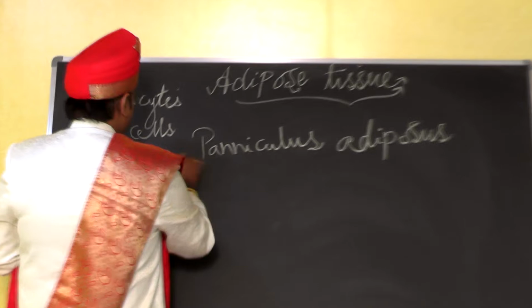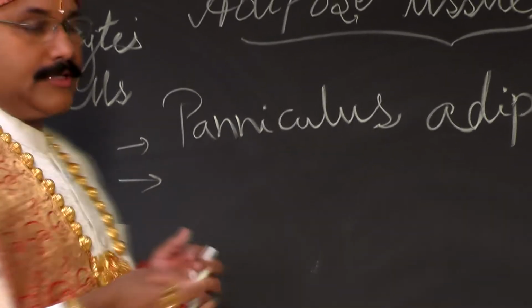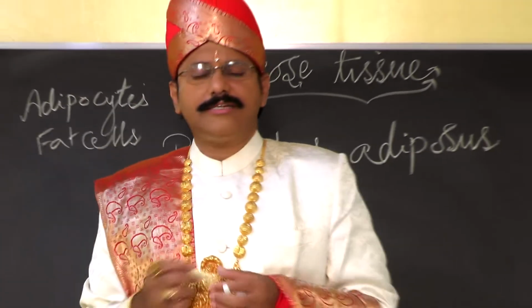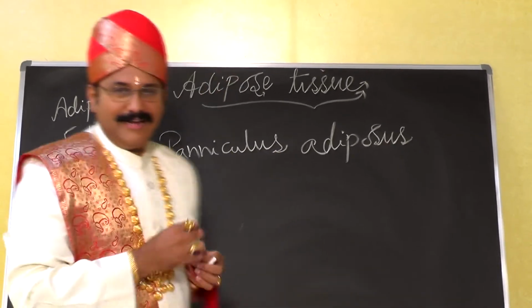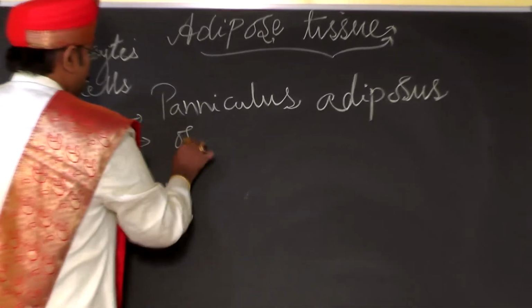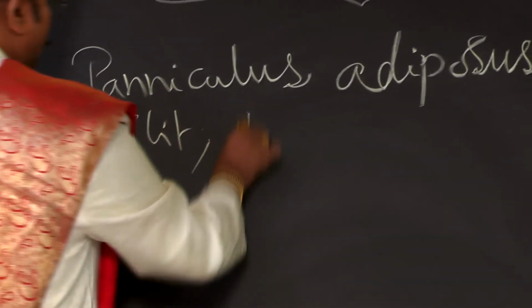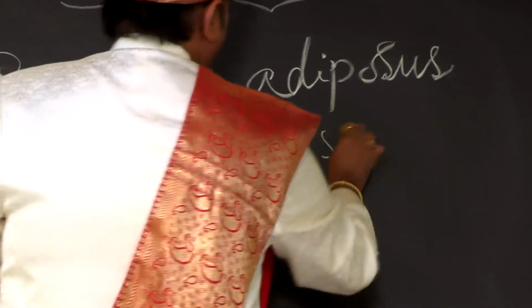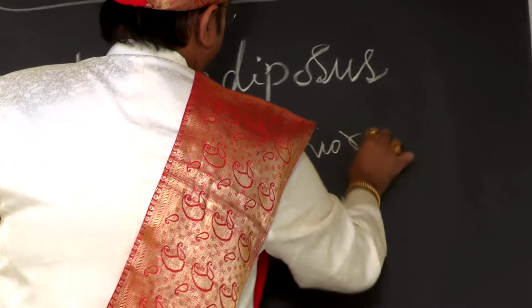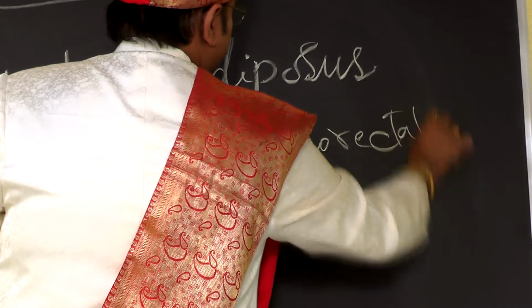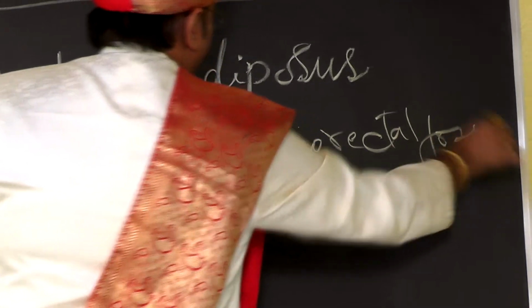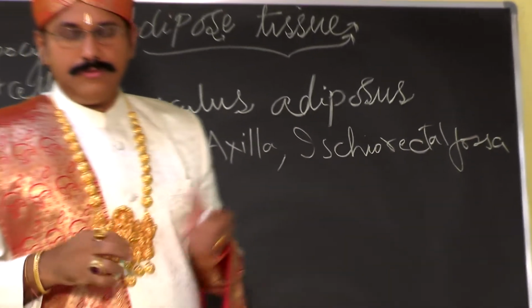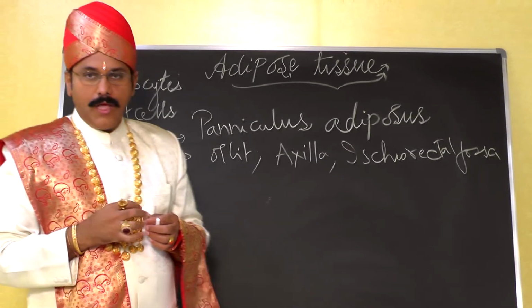If you see this adipose tissue, where all is it present? It is present in the orbits, in the axilla, and also in the ischiorectal fossa.